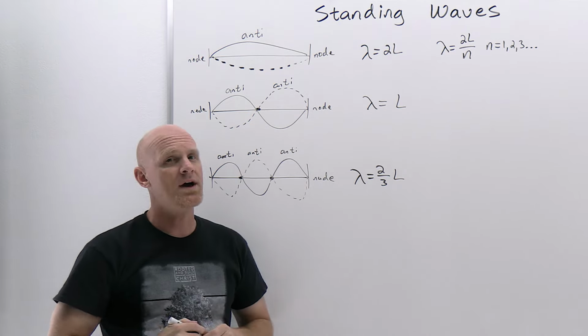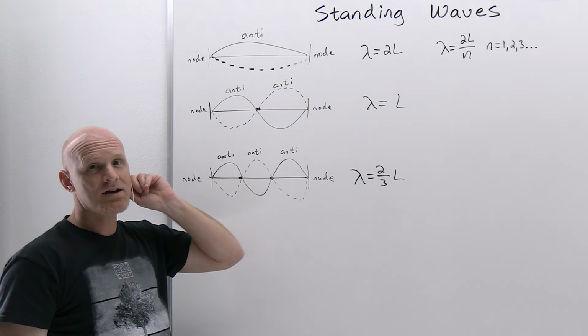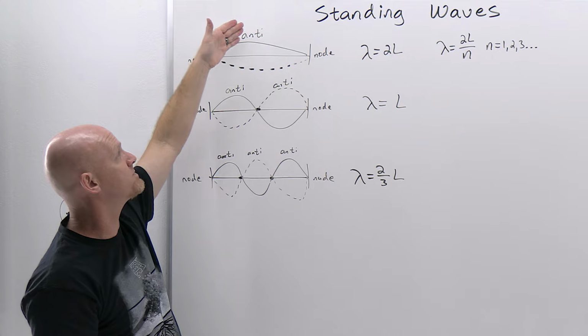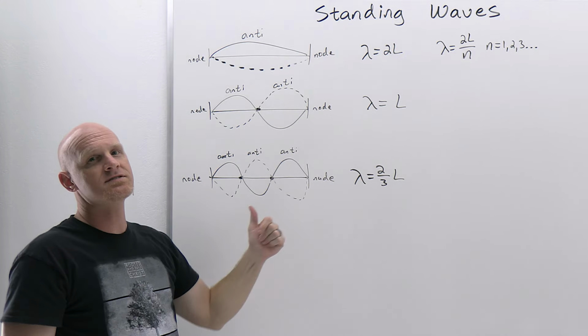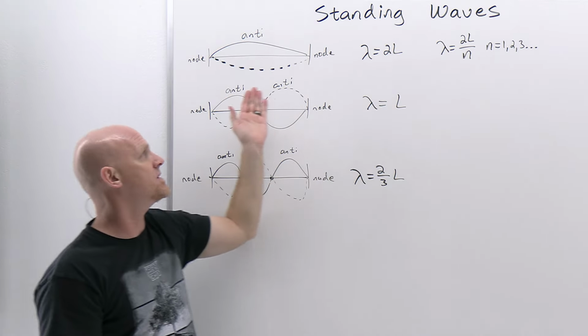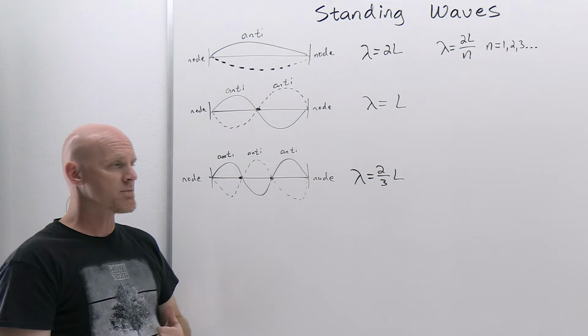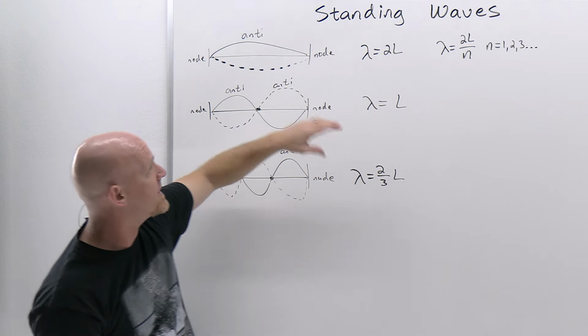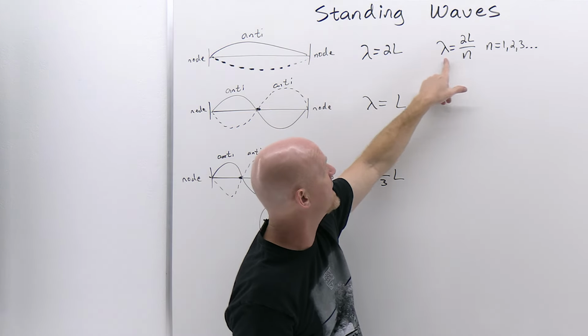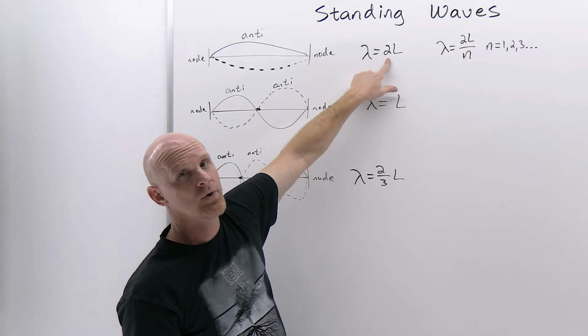There's the equation for the wavelength. And it turns out n in this case, for this example, you could look at it as corresponding to the antinodes, or you could just say that the longest wavelength has n equals 1, and then the next one with one additional internal node is n equals 2, and so on and so forth, however you want to remember it. So here we've got n equals 1, and if n equals 1, then lambda equals 2L over 1, or just simply 2L.